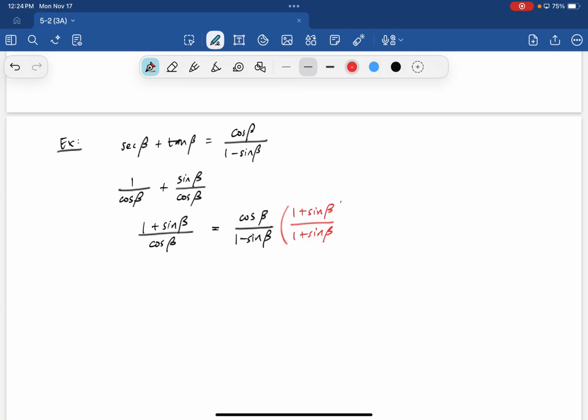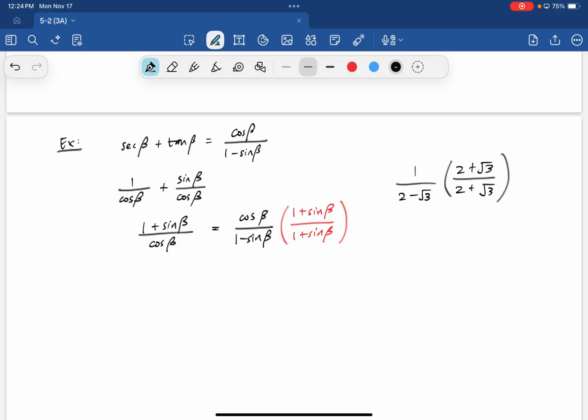Do you guys see how this resembles the conjugate? It's still one. Right? So like back when we had to rationalize stuff like this, we would multiply by the conjugate, right? Multiply top and bottom by just change the minus sign to a plus sign or the plus sign to a minus sign. And that would effectively help you cancel things out.